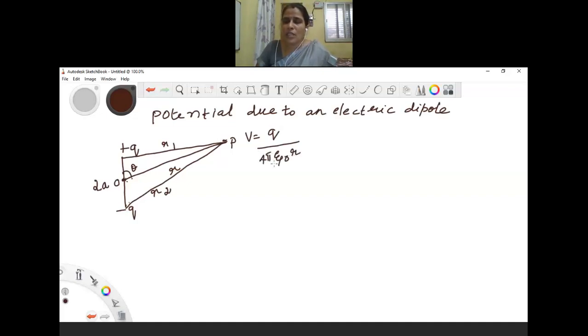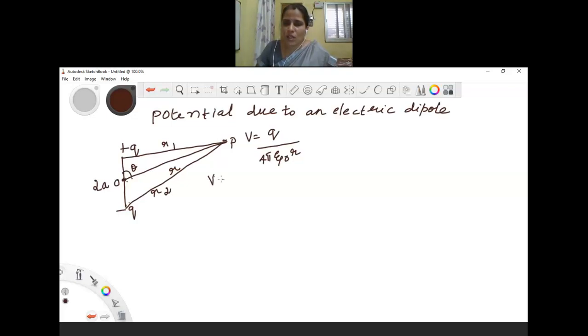In order to calculate the potential due to a dipole, we are going to add the potential due to the positive charge and the potential due to the negative charge. So what is the total potential due to a dipole?